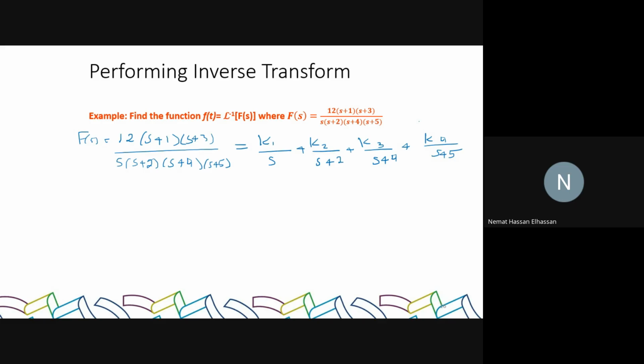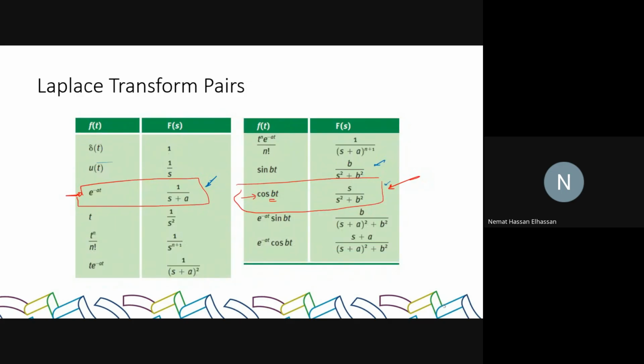Now, does any of these new fractions match a function that we already have existing on the table? 1 over S and 1 over S plus 2. We have this one and this one, right?